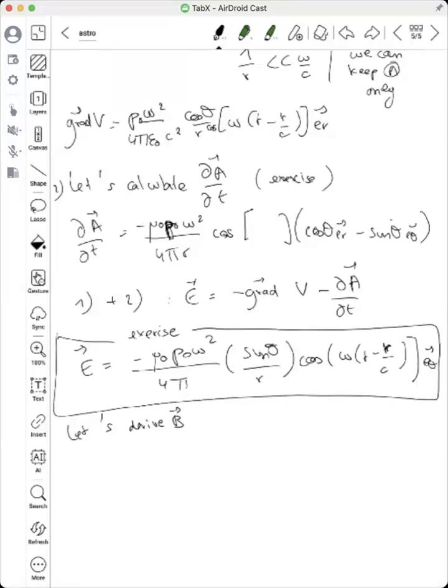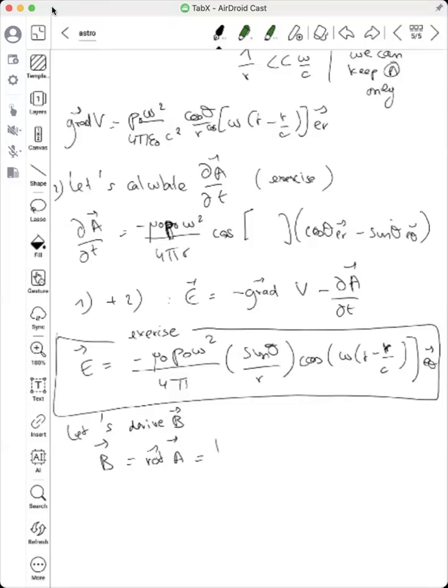So how do I write B as a function of the vector potential A? What shall I do now? I have A. How do I write B? Oh, this you should really, really know. Curl. Yes, thank you. So B is the curl of A, okay?